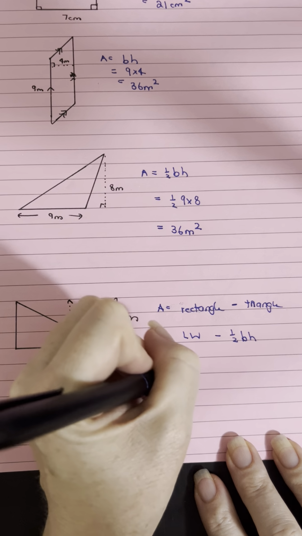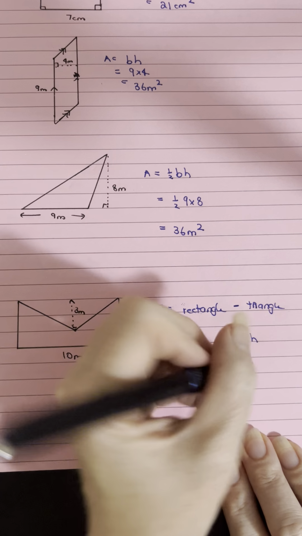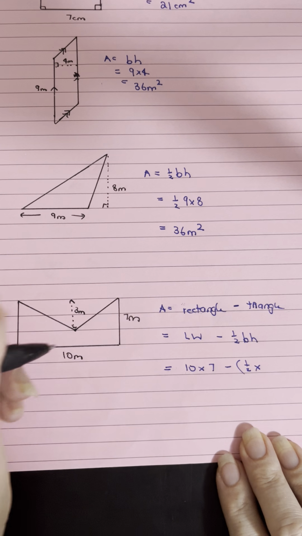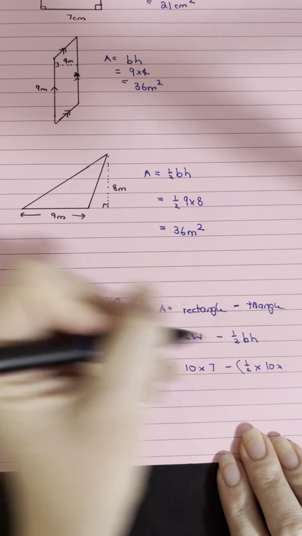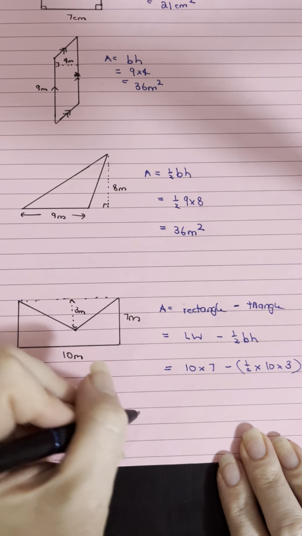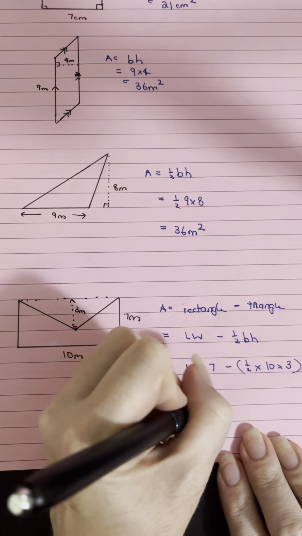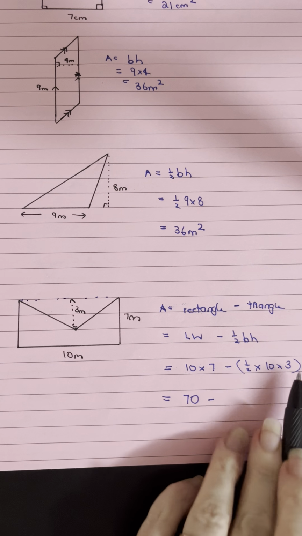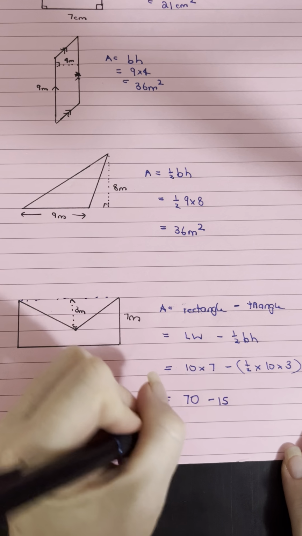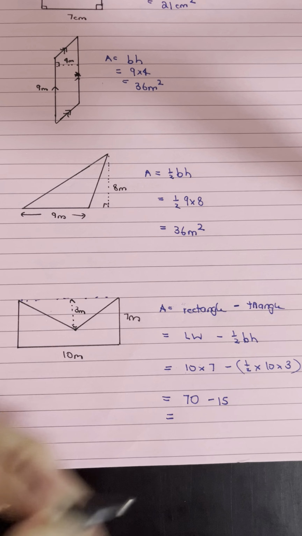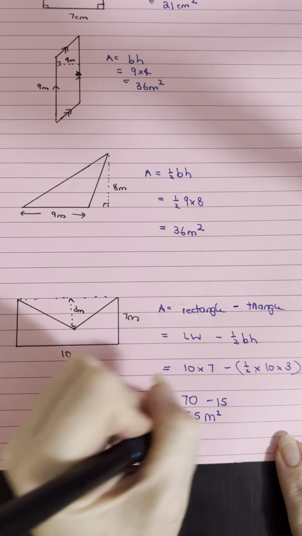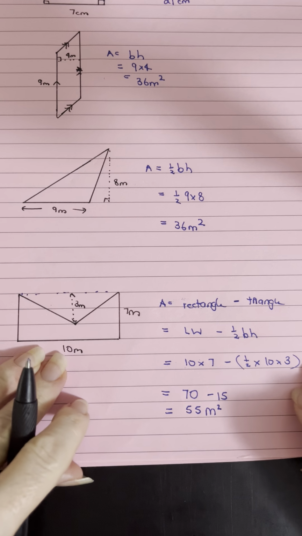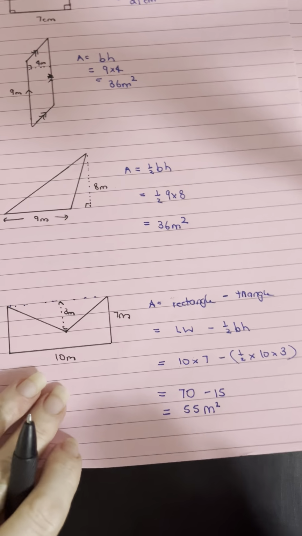So our length times width is 10 times 7, and we're taking away a half times, and in this case our triangle has the base of 10, and it's got a height of 3. So our 10 times 7 is 70, 10 times 3 is 30, times a half is 15. So we've got 70 take away 15 is going to be 55, and that is meters squared. And that's the end of our area examples there.